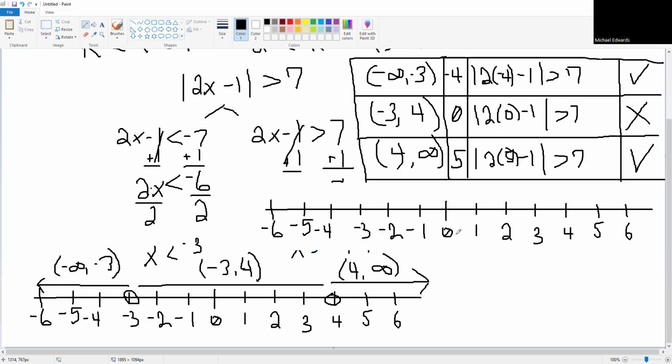Graphing this is fairly straightforward. We've already actually kind of done it: -infinity to -3, and then 4 out to infinity. And that's the graph of it.